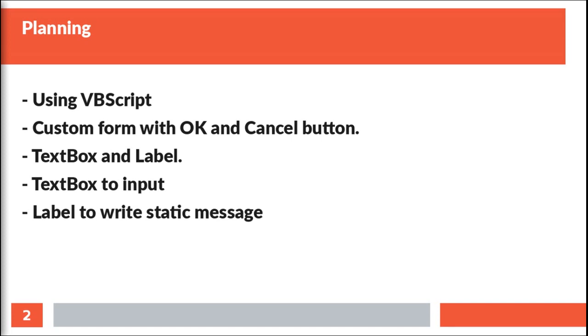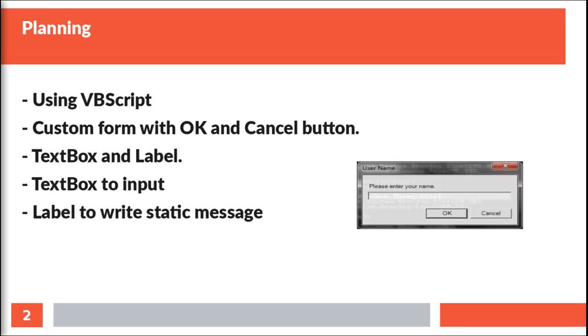So this is the box which we are predicting. It will have the title, then a label, then a text box where the user can input the data, and then the OK and cancel buttons.